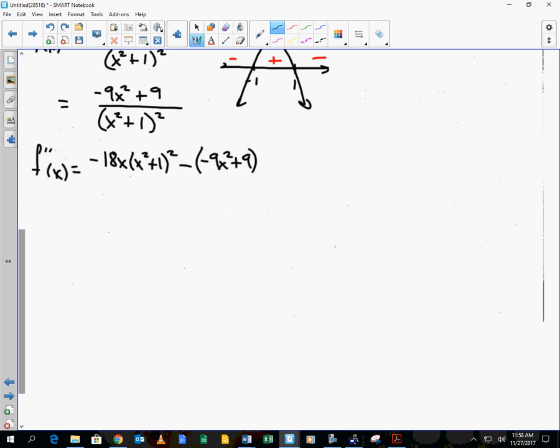And what rule do I use to find the derivative of the bottom? Chain rule. What's the derivative of the inside? 2x, times the derivative of the outside, will create a 4x times x squared plus 1 to the first power. All divided by what?